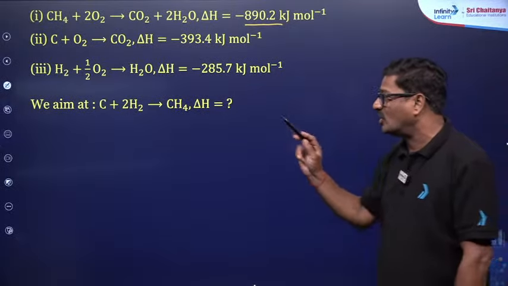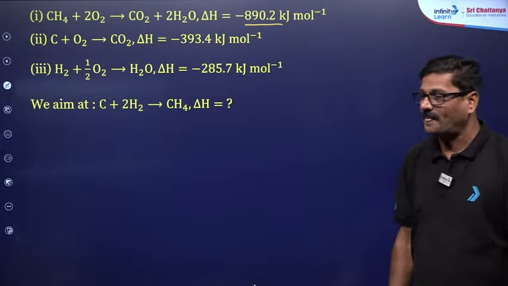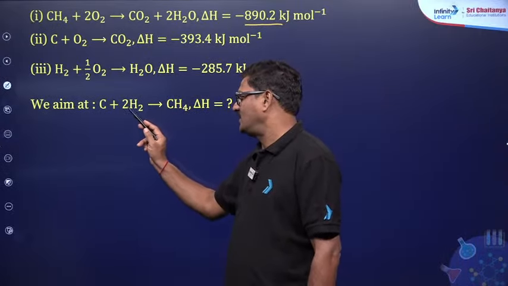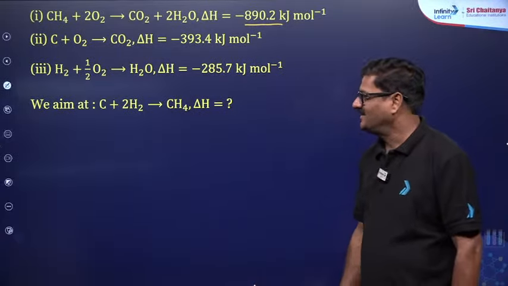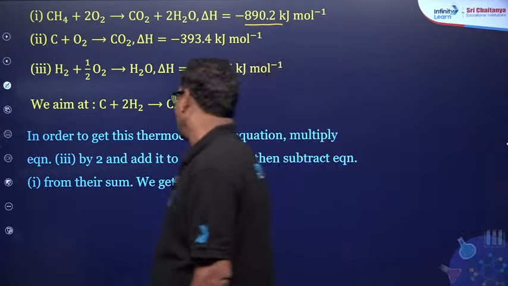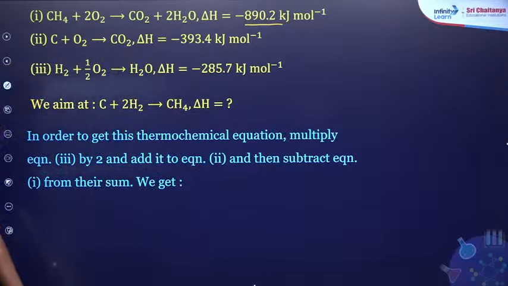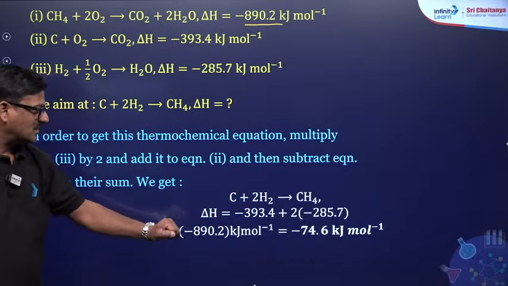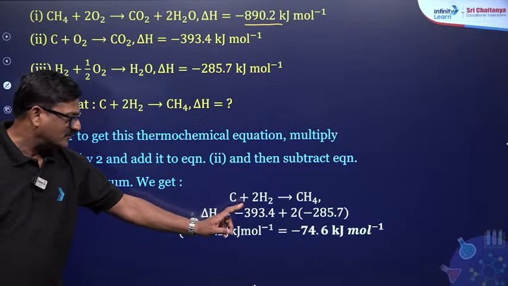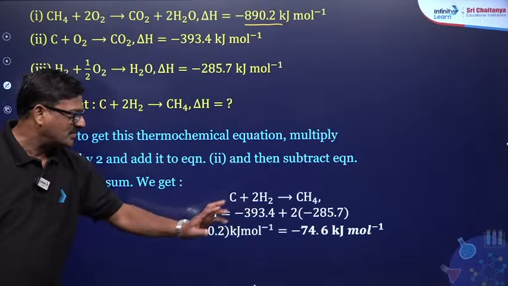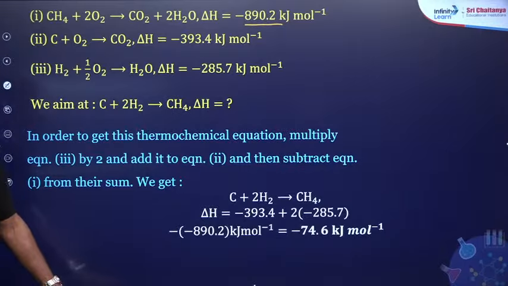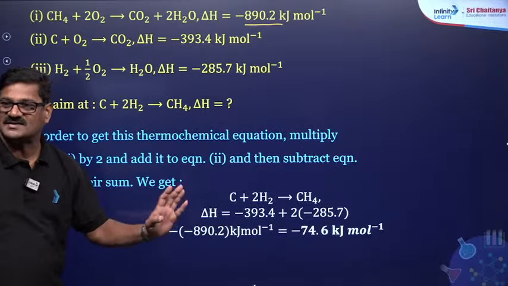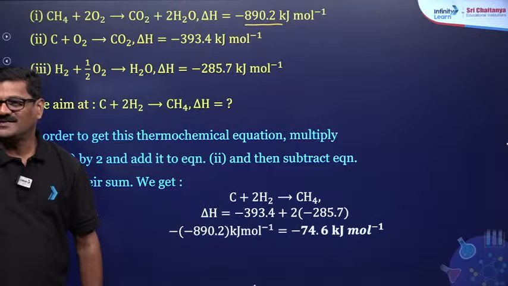We aim to calculate carbon plus hydrogen gives CH4, methane minus carbon plus hydrogen into 2. In order to get this thermochemical equation, multiply this, and you get carbon plus hydrogen gives CH4. So that is minus 393.4 plus 2 into minus 285.7. On doing so, we get minus 74.6 kilojoule per mole. Fine.